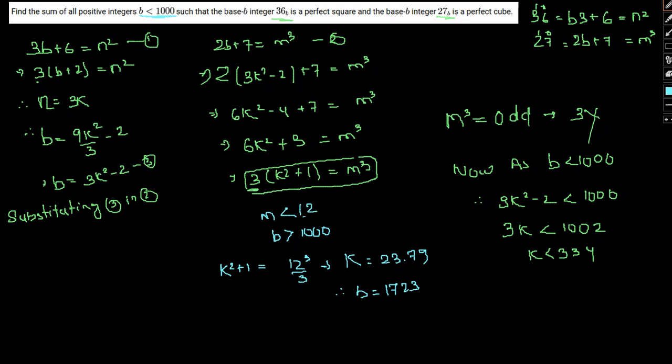Say we take m equal to 9. Then k squared plus 1 equals 9 cubed by 3, which is 3 into 81, and let's try to solve the same.